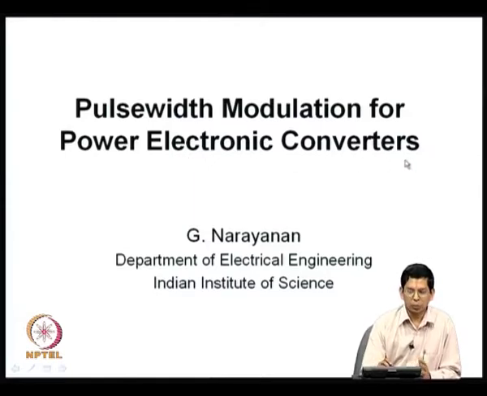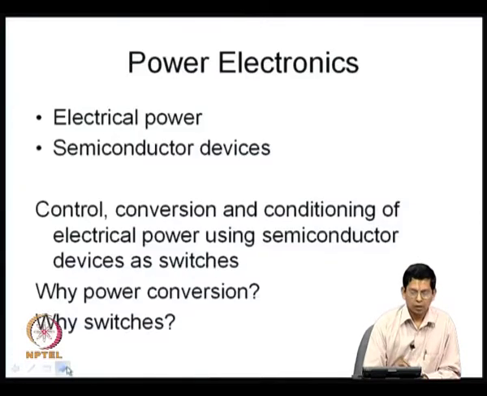We will try to see different topologies of power electronic converters, particularly DC to DC converters and DC to AC converters. This term power electronic converters has the adjective power electronic, so let us try and understand what we mean by power electronics. In the term power electronics you essentially have two words, power and electronics. The power here refers to electrical power and the term electronics refers to semiconductor devices.